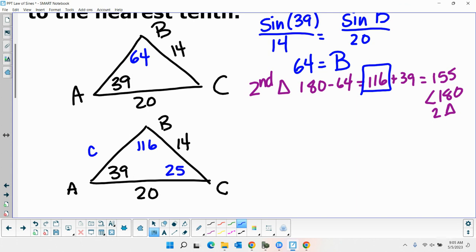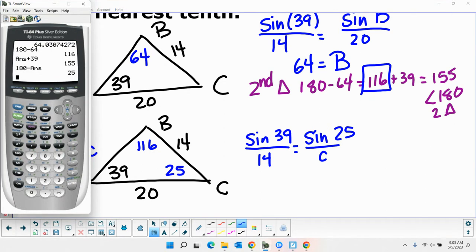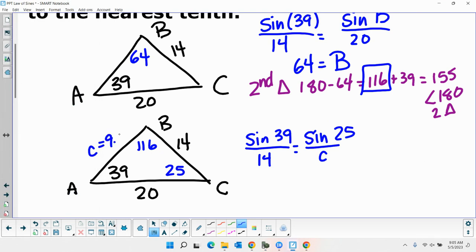So I'm going to go sine of 39 over 14 equals the sine of 25 over C. So I'm going to go sine of that answer times 14 divided by sine of 39. That's going to give me the missing c, 9.4. So my second triangle's done.